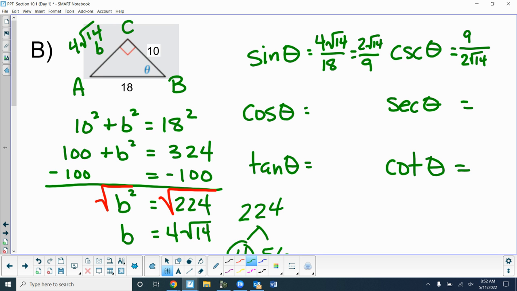You want to get rid of that radical 14, so that's what you multiply top and bottom by. So the top becomes 9 radical 14. What's the bottom? What happens when you go radical 14 times radical 14? What do you get?